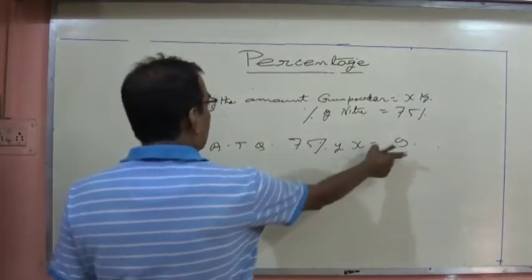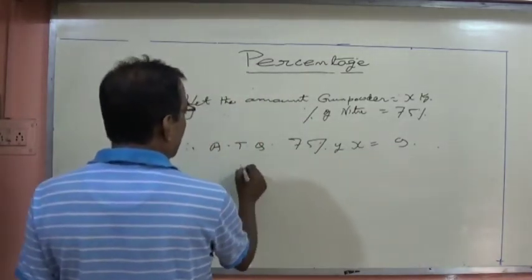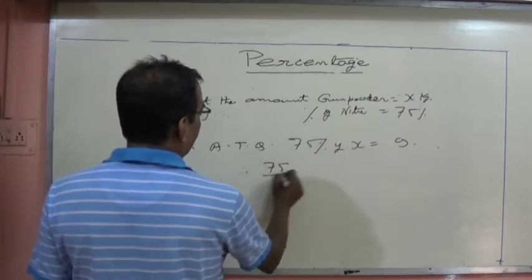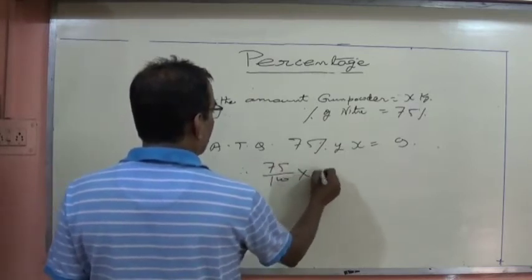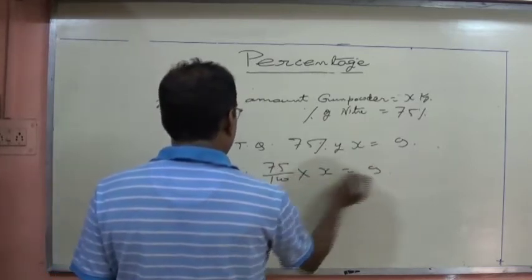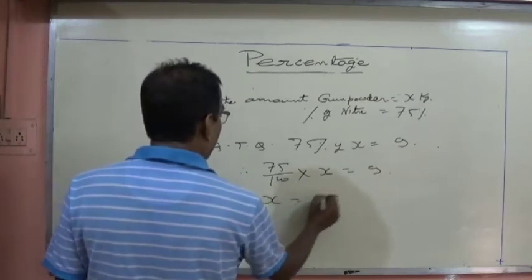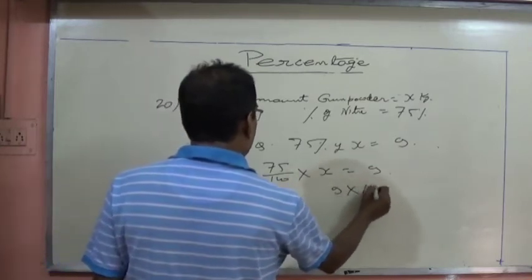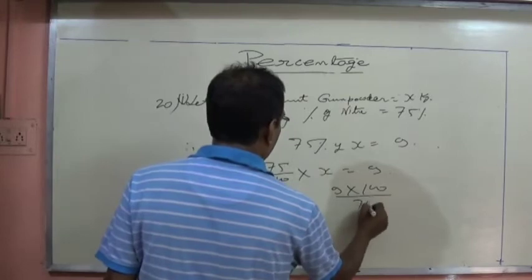Now from this equation you have to find the value of X. 75% means 75 by 100, of means into X, equal to 9. So X will be equal to 9 into 100 by 75.